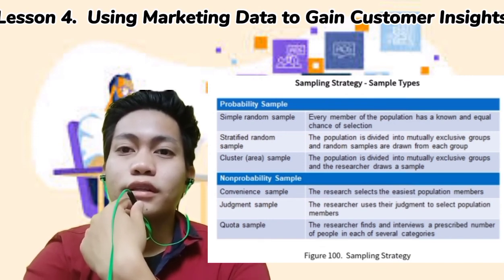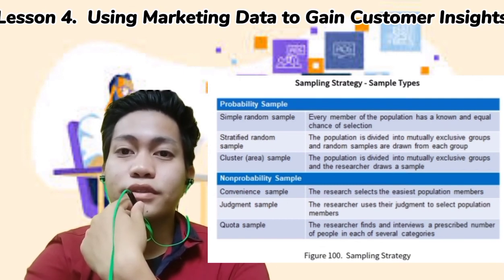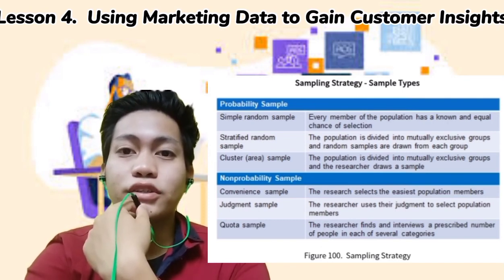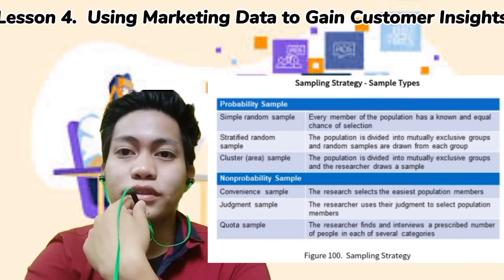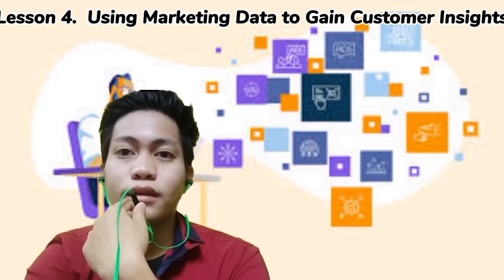Convenience sample: the researcher selects the easiest population members. Judgment sample: the researcher uses their judgment to select population members. Quota sample: the researcher finds and interviews a prescribed number of people in several categories.